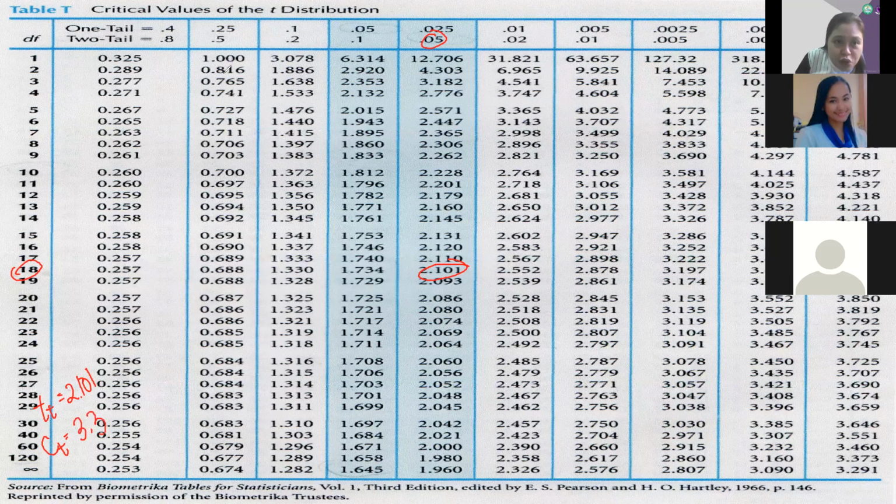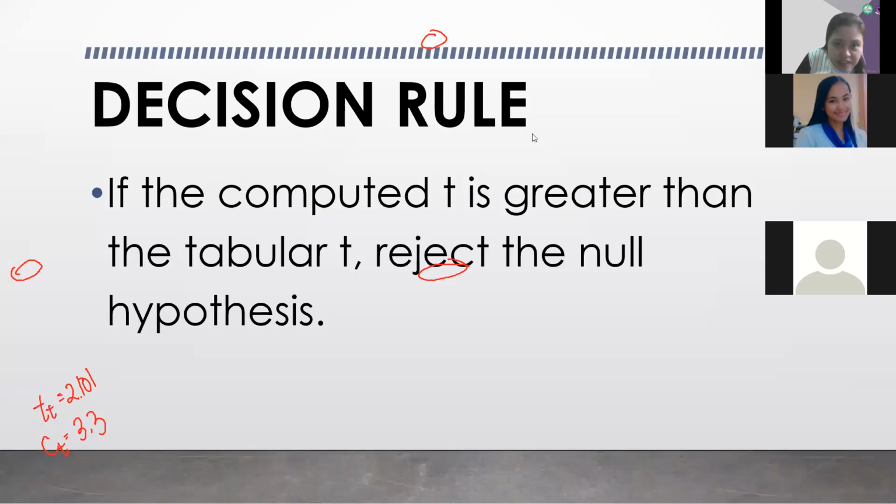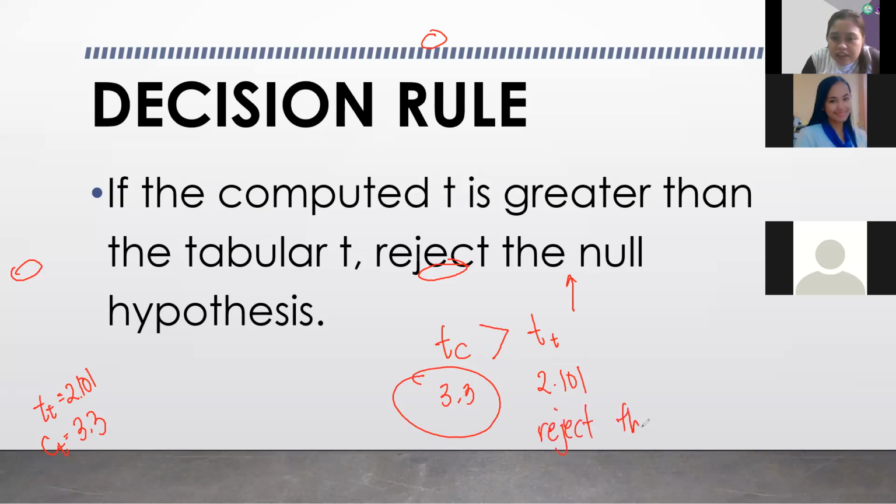So yung decision rule na gagamitin natin is parehas sa Z-test, na if computed T is greater than the tabular T, you have to reject the null hypothesis. And then the computed T here is 3.3 based lang sa JASP, walang manual computation. And then ang tabular T is 2.101. So mas malaki talaga ito. Therefore, we have to reject the null hypothesis.